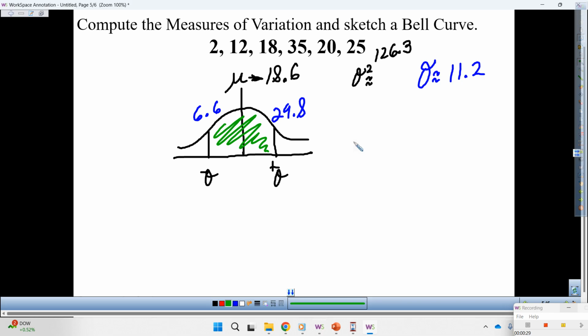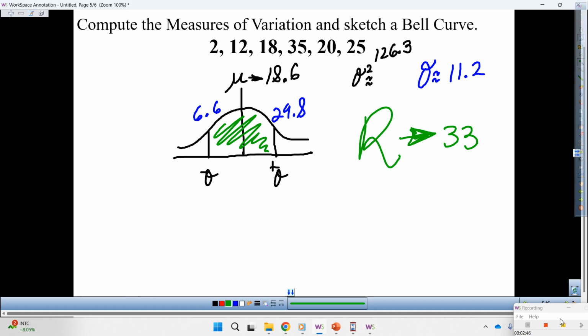Two. Vianney. So for measures of variation, we got the variance, we got standard deviation. Which one are we missing? The range, which is 33. All right, send that in, please.